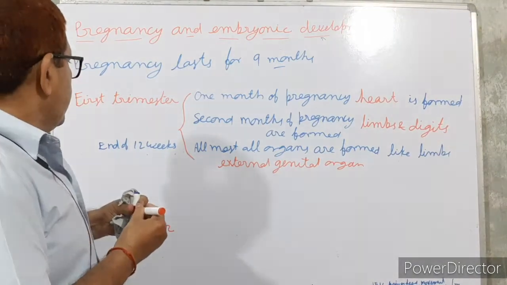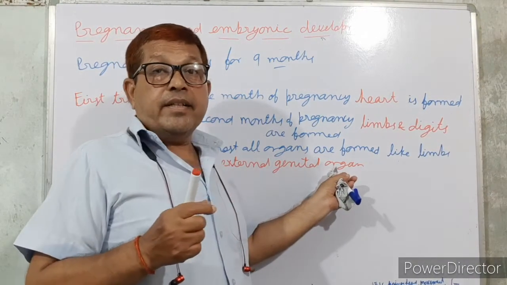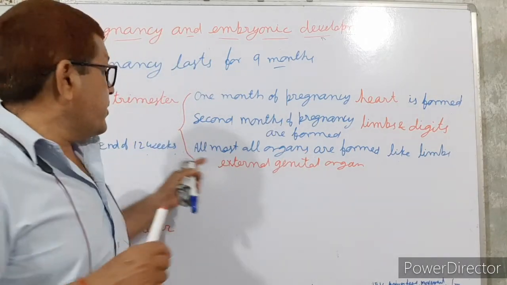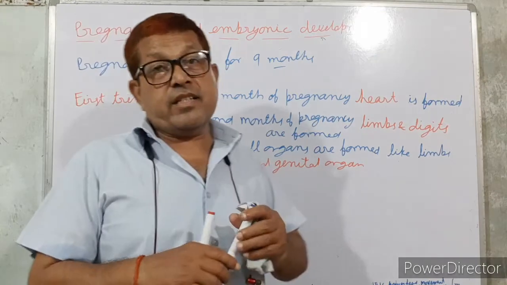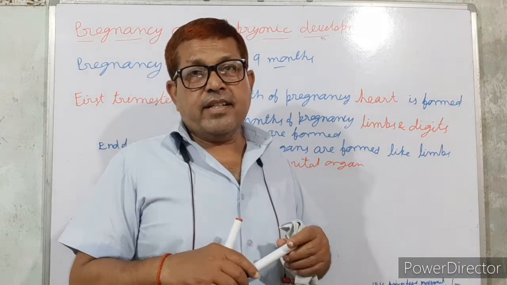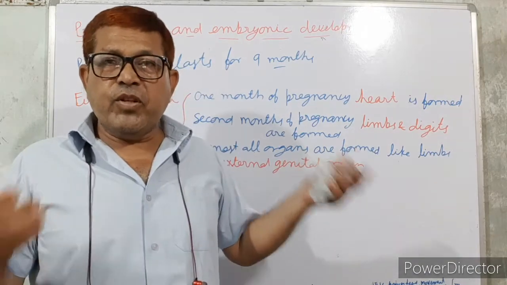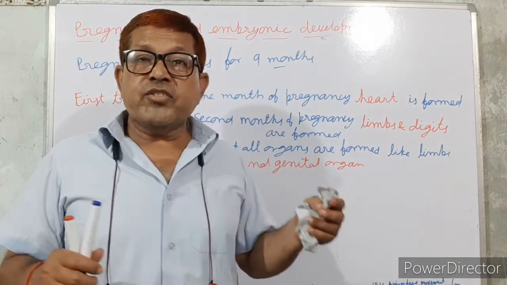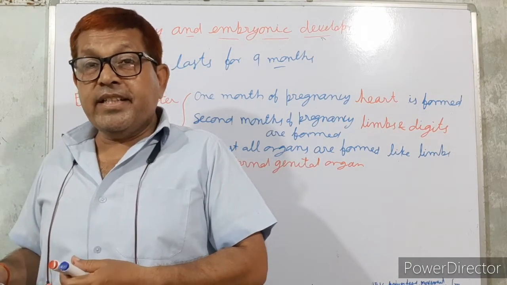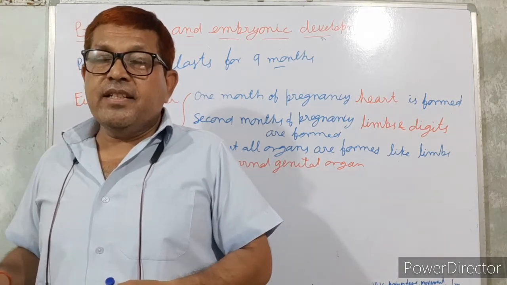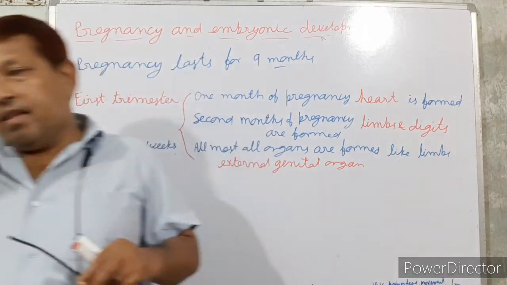This happens in the first 3 months, at the end of the first trimester, the 12th week. Almost all organs are formed; limbs are fully developed and external genital organs are also developed. But at this stage, after 3 months, the sex of the baby may be assumed.